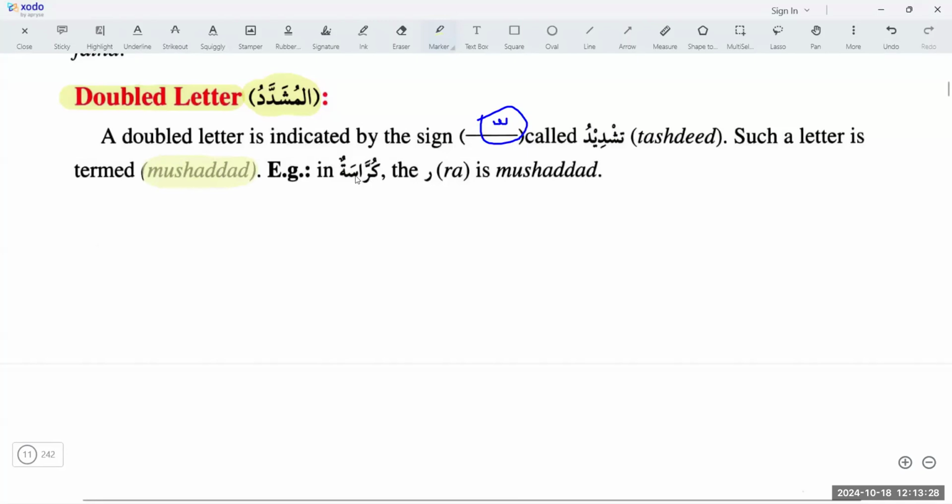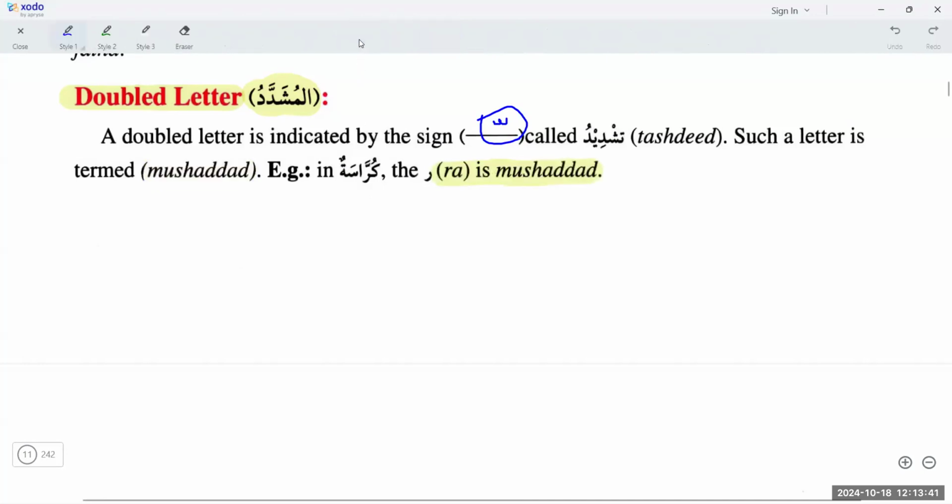Like kurrasatun. In kurrasatun, ra is mushaddad. There is a tashdid on the ra. This is ra and this is ra. The one ra is sakin and the other ra has a haraka.